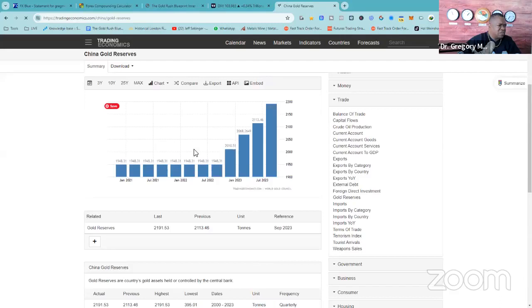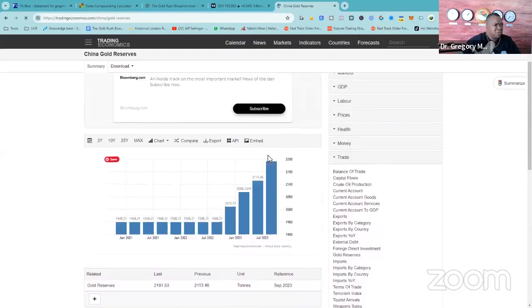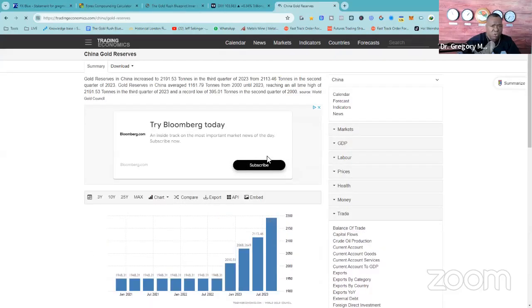So you look at China's gold reserves, and you can see that they are just stacking gold. They've been stacking it, breaking out in 2023, moving away from U.S. Treasuries and stacking gold. Why? Because they're preparing for the new central bank currency, the global currency that's going to be backed by gold.